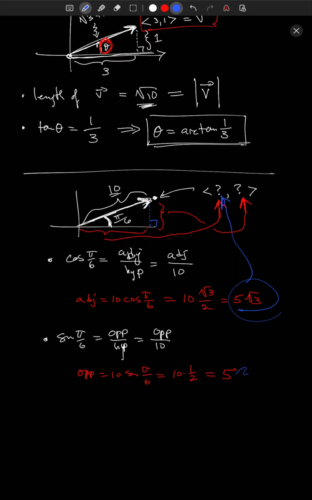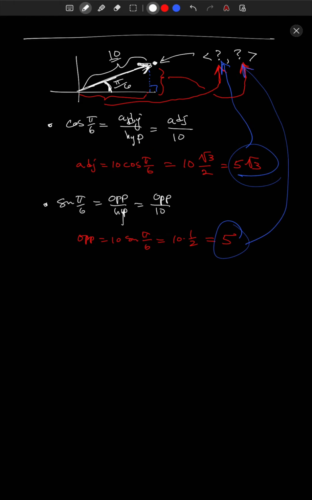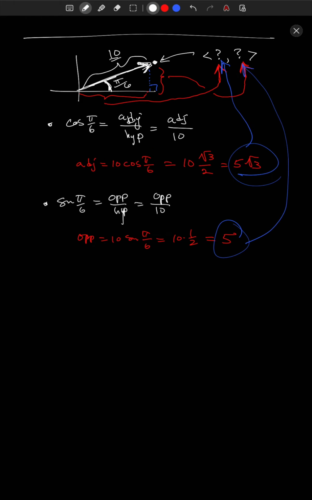And so this entry right there is 5. So in other words, the vector whose length is 10 and whose angle with the x-axis is pi over 6 is equivalent to the vector 5 root 3 comma 5.